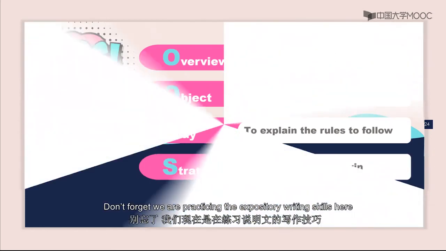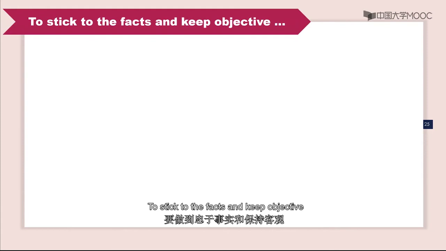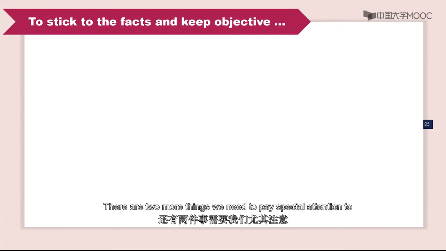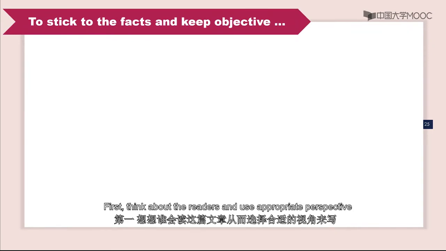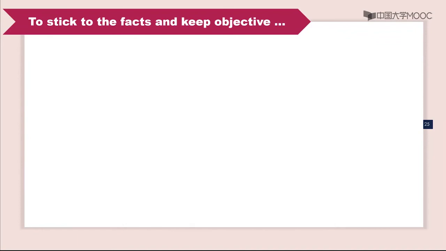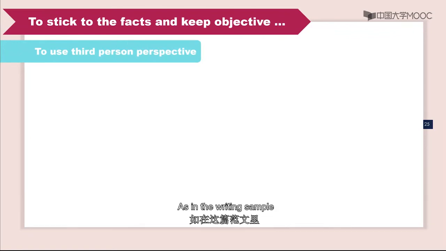Don't forget, we are practicing the expository writing skill here. To stick to the facts and keep objective, there are two more things we need to pay special attention to. First, think about the readers and use appropriate perspectives. The third-person perspective is often advisable, as in the writing sample.